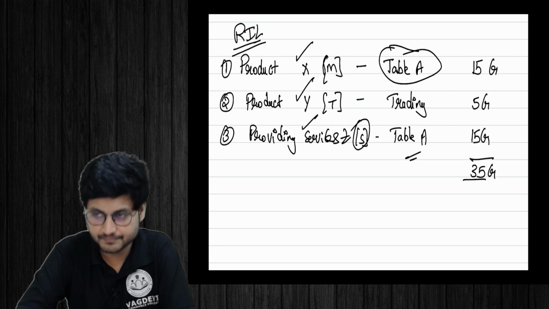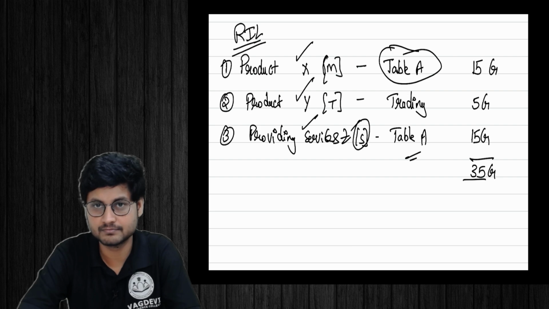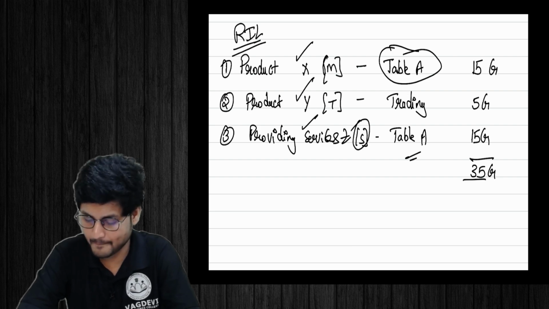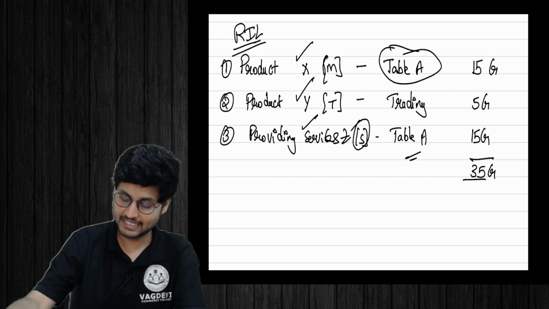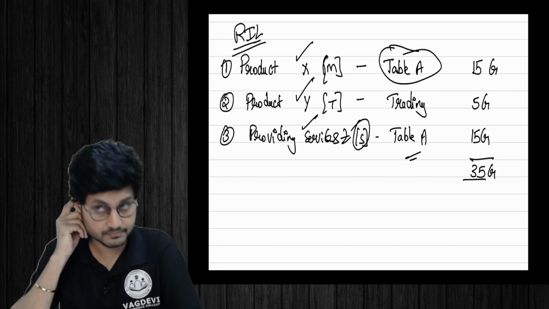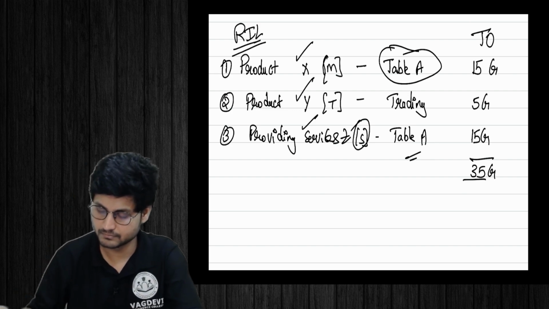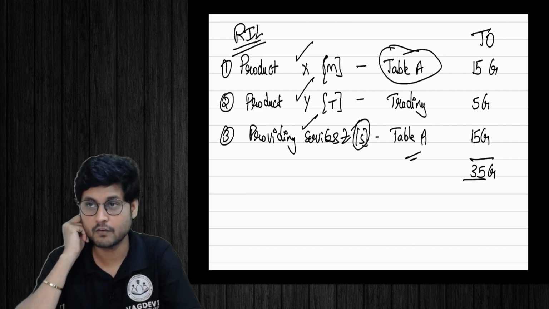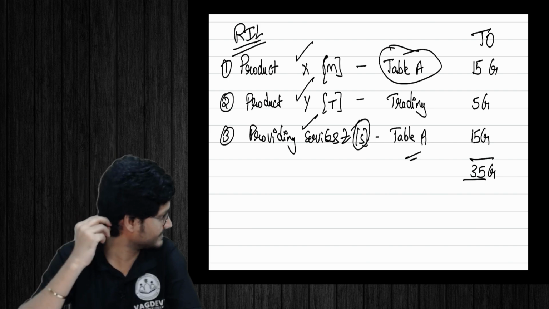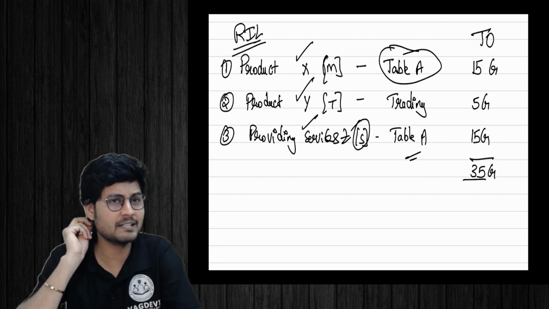There is a company called RIL. It is into manufacture of product X, which is covered in table A. Turnover is 15 crores for product X. For product Y, is it really manufactured?